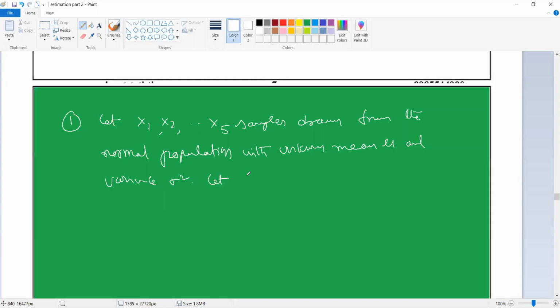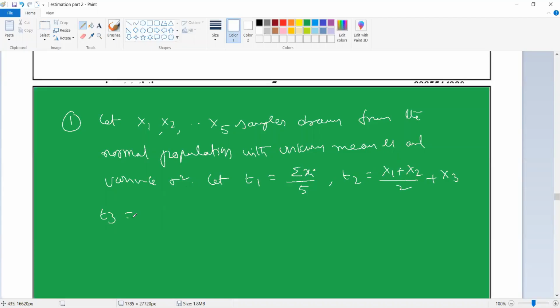Let T1 be equal to summation xi by 5. Another statistic, T2, is equal to (x1 plus x2) by 2 plus x3.